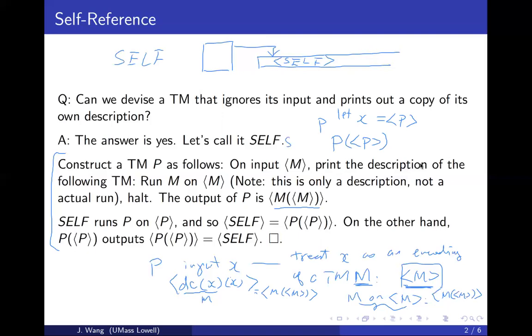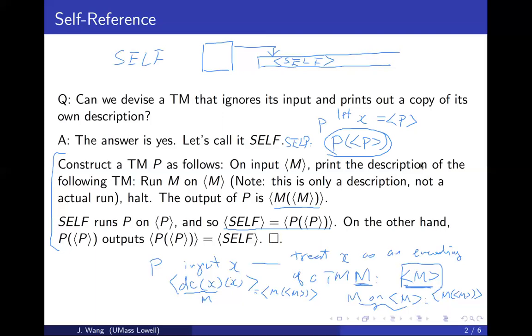So the encoding of self is just the encoding of this description of the Turing machine P on the description of P itself as input.